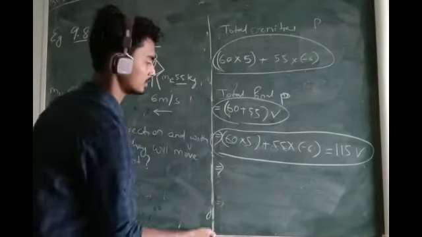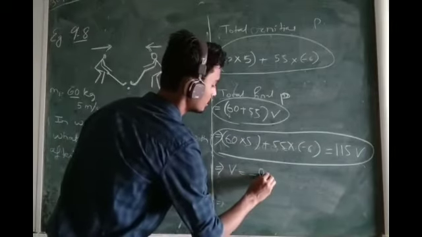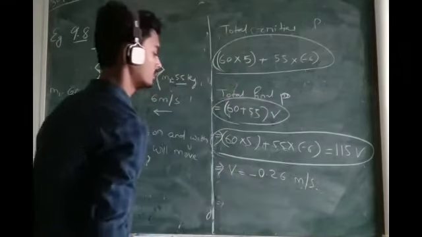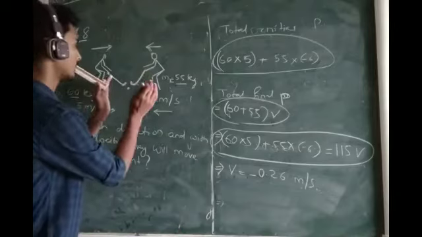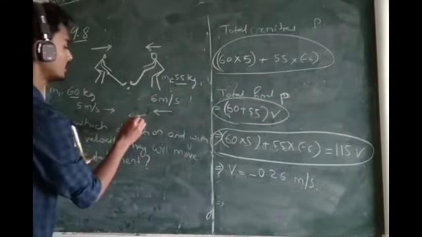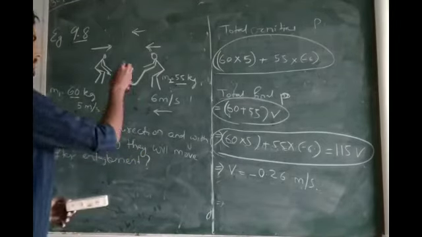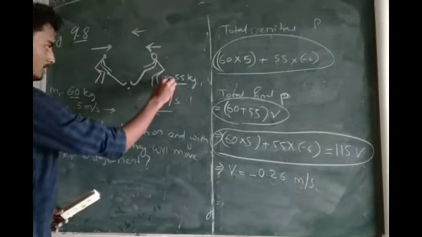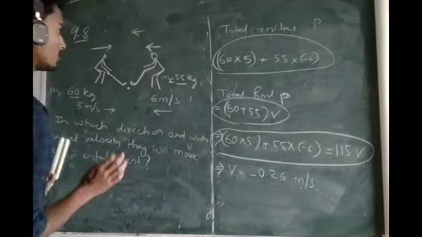After solving the equation, we will get the value of v as minus 0.26 meter per second. This minus sign represents that after the entanglement of both the players, they will be moving in the negative direction, right? That is, in the direction in which the mass m2 was moving earlier, in that direction they both will be moving.